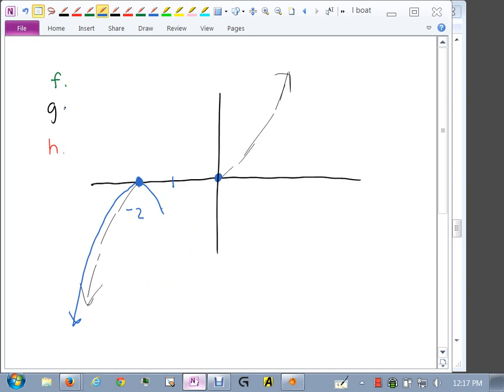So I know that I must come down, and then I must get back up to this point, right? Then once I get to that point, I must cross through and continue up. Now I'm going to erase that stuff that I really lightly sketched in there. And I'm going to say that's my graph.